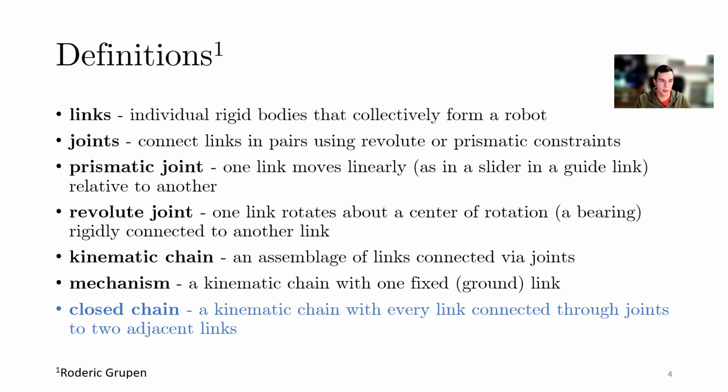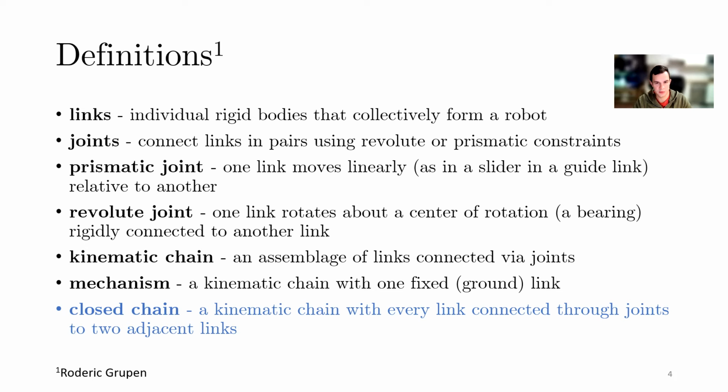All right. So some definitions, so that you can understand fully what I'm talking about. So link, I believe that you know all this stuff, but nevertheless, a link is an individual body, and the robot consists of links. Links are connected to each other by means of joints.